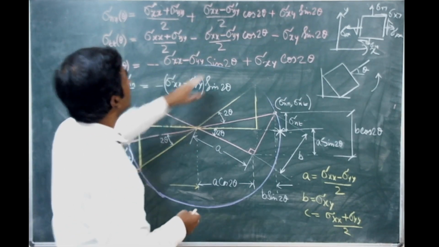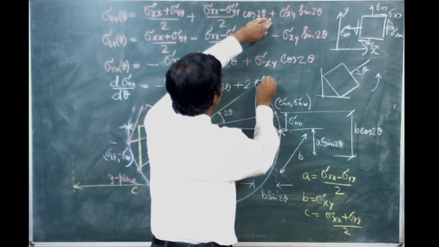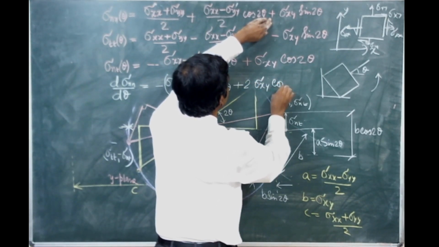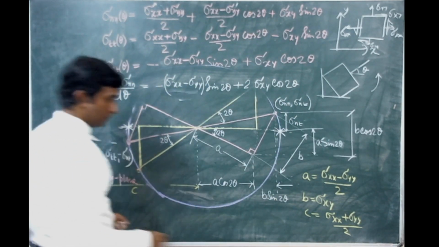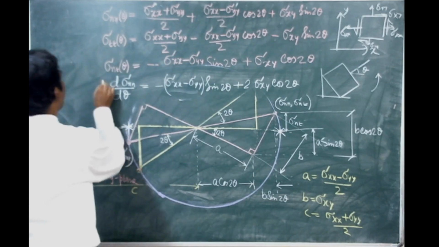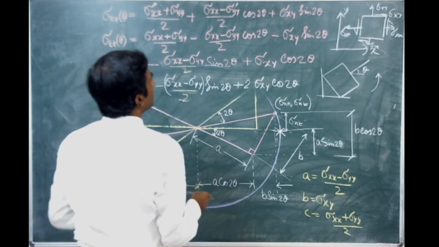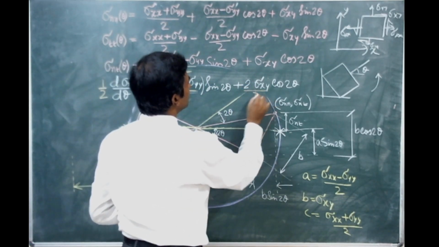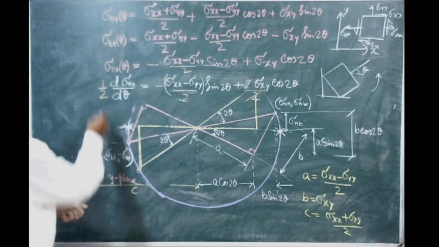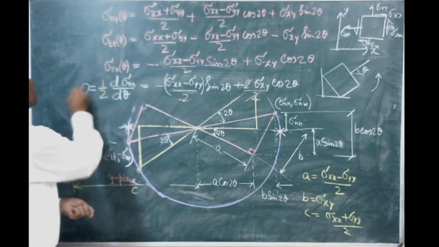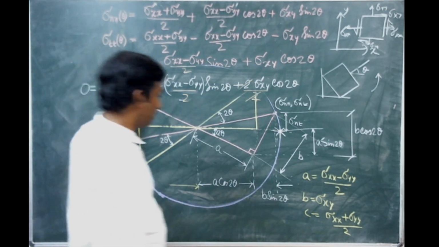Then you consider the next part, plus 2 sigma xy cosine of 2 theta. If we divide by 2, we get rid of this 2, it gets cancelled. And we set it to 0, because that is the condition of attaining the maximum value of sigma nn.